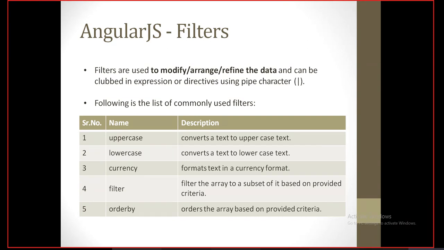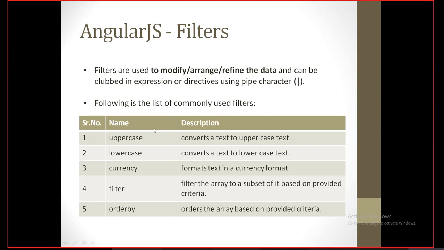That means filtering the data in the literal sense. Whatever filter type we are using, that filter will be clubbed with either an expression or a directive using the pipe character, that is a vertical line.